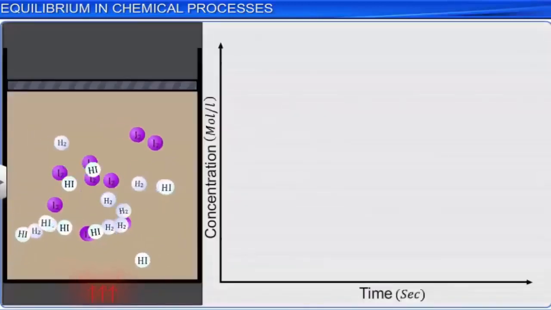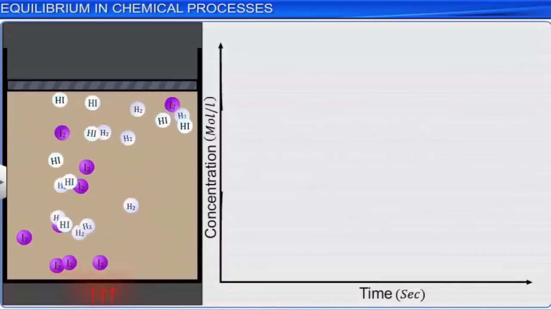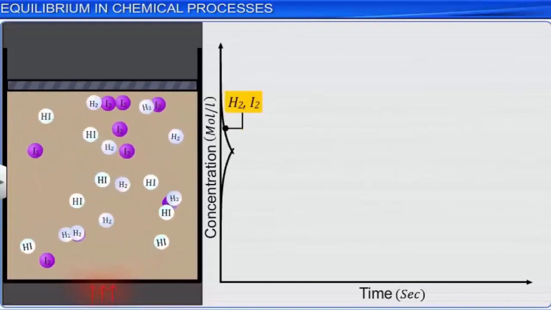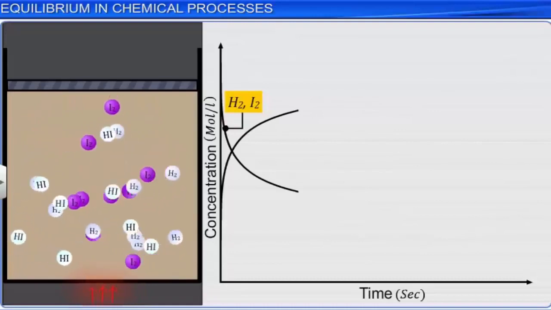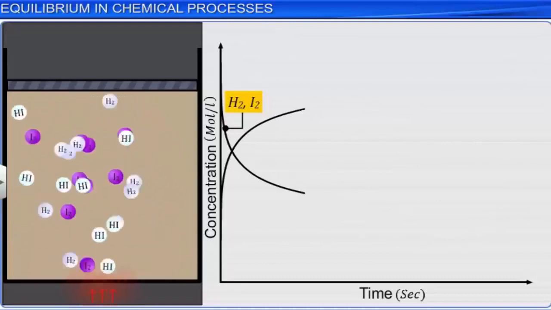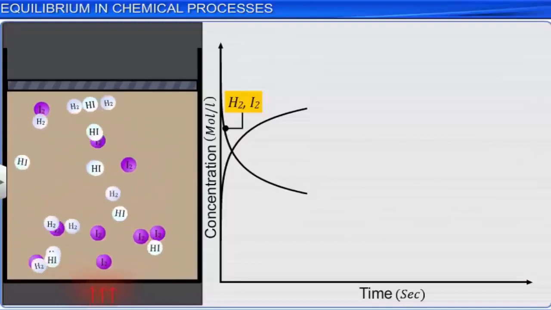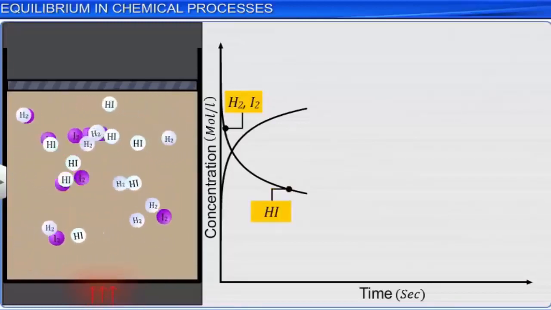This is because, as the reaction proceeds, the concentrations of hydrogen and iodine decrease as they are consumed, and hence, the rate of forward reaction slows down. On the other hand, the concentration of hydrogen iodide increases with the progress of the reaction.